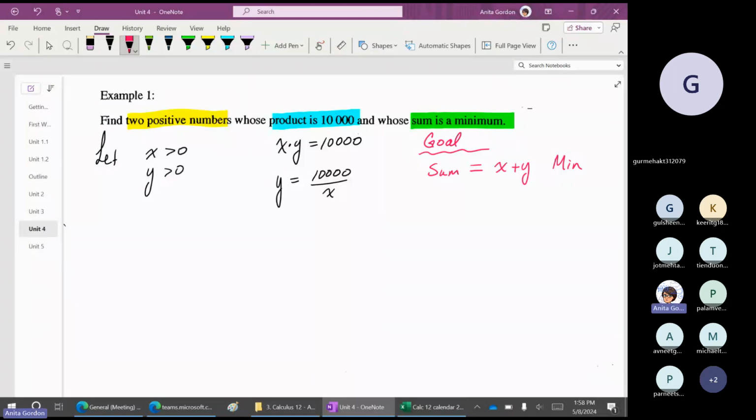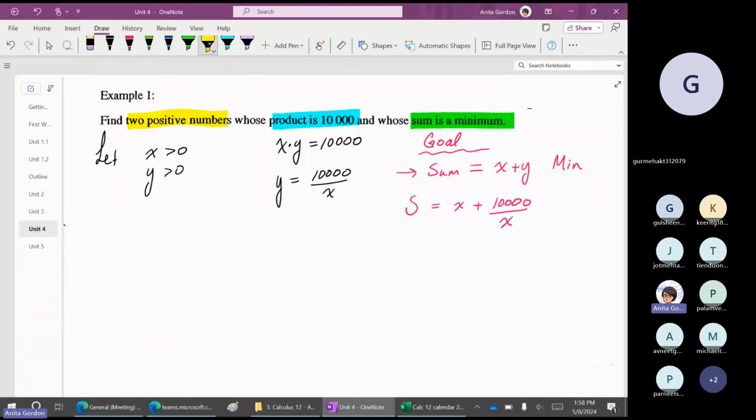Maybe we can write y in terms of x in the equation. Okay. I'm going to call the sum s. Oh, then you take the derivative of s, right? Oh, what an interesting thing to say in a unit where we do derivatives.